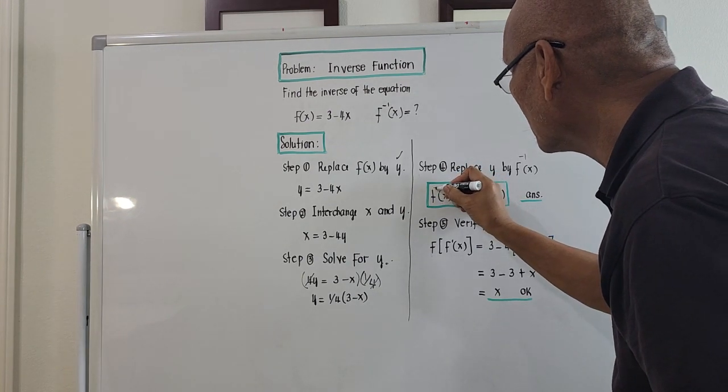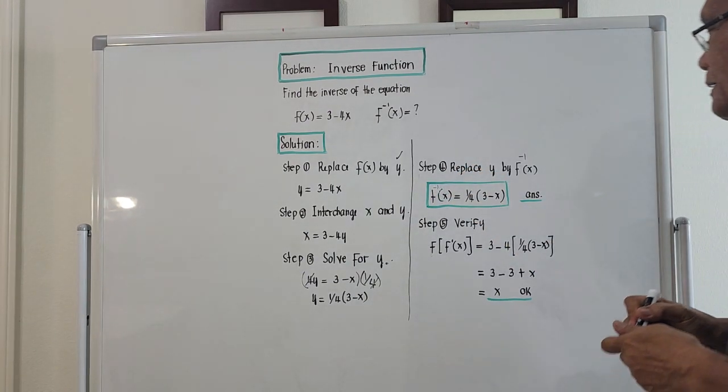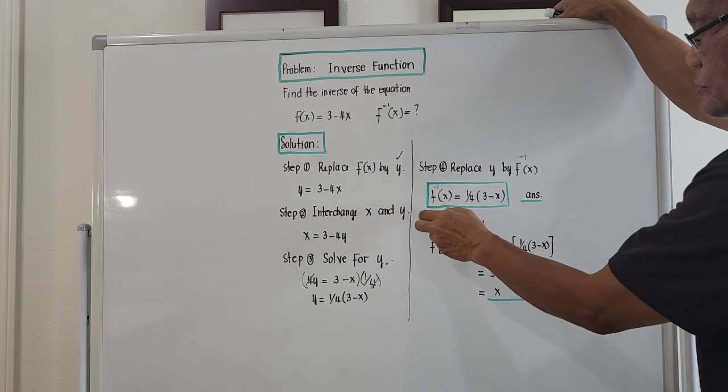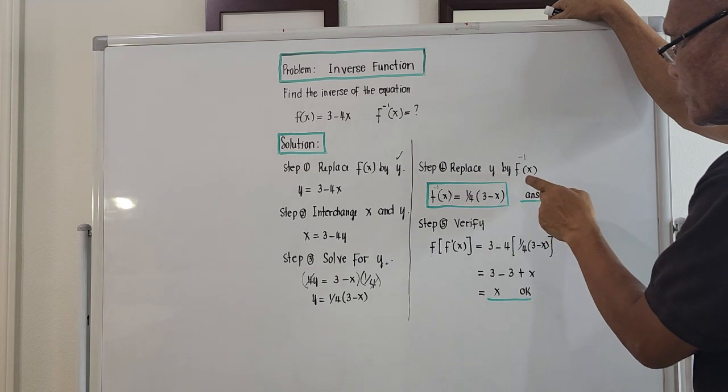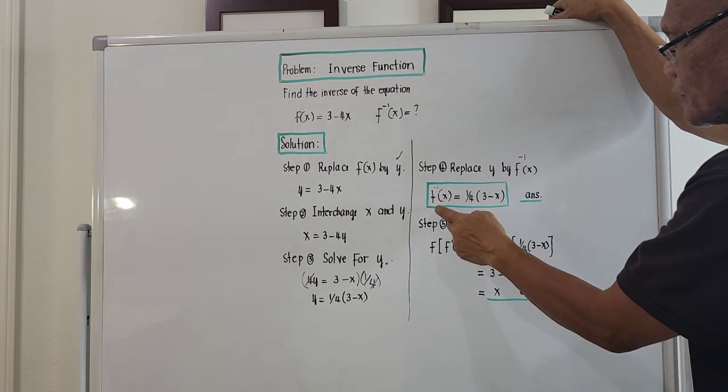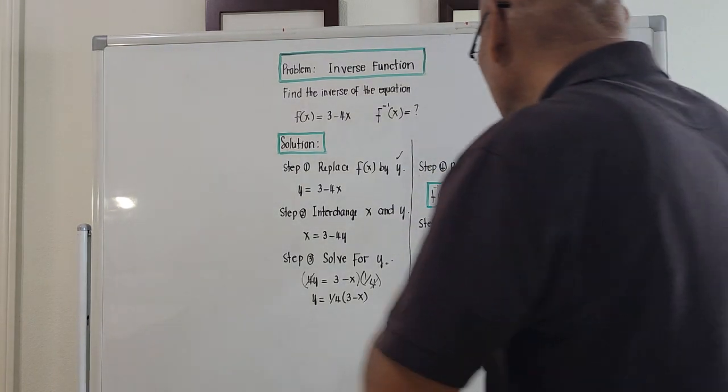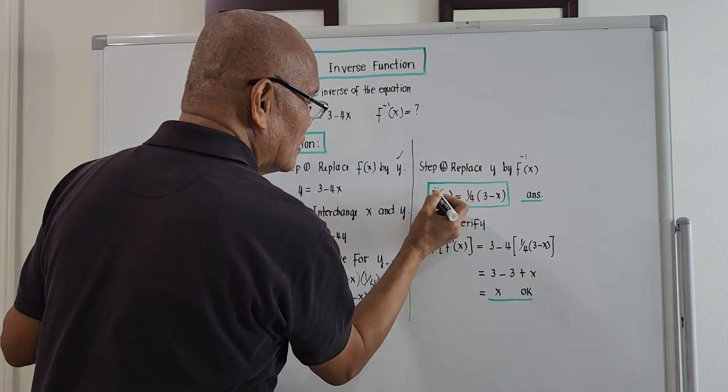This was y originally. According to step number 4, we replace y by f to the negative 1 of x.